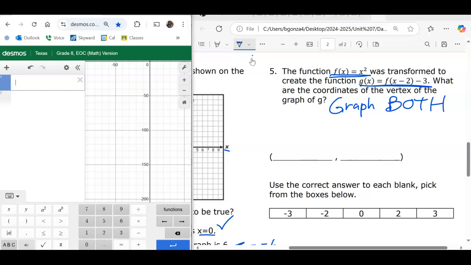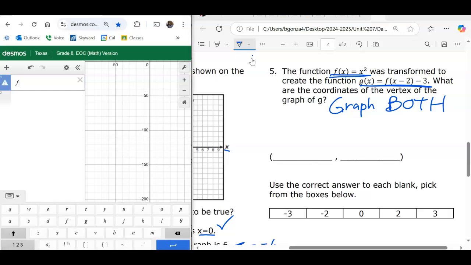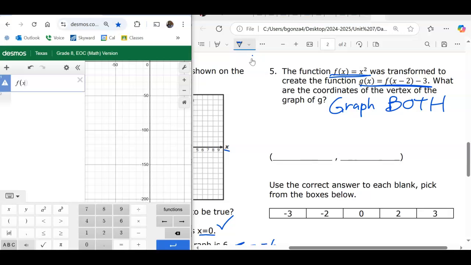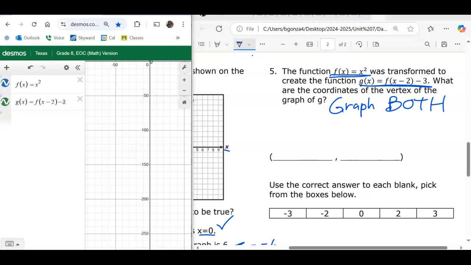You got to have f of x equals x squared, and then this one is g of x equals f of x minus 2 minus 3.